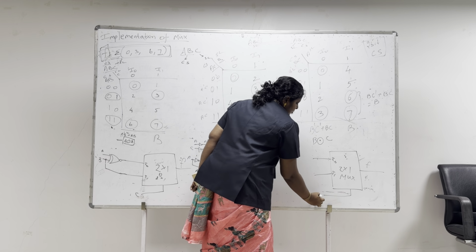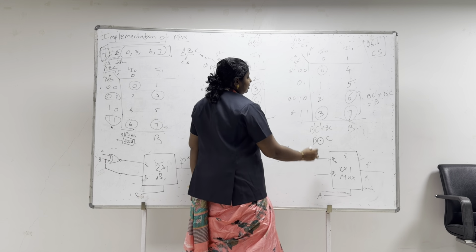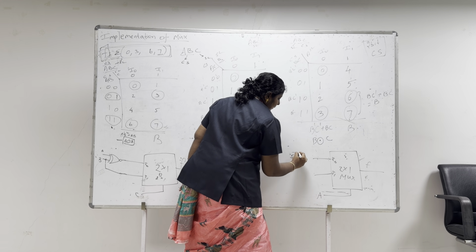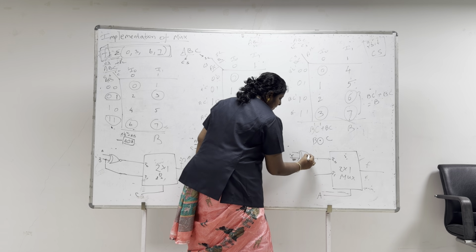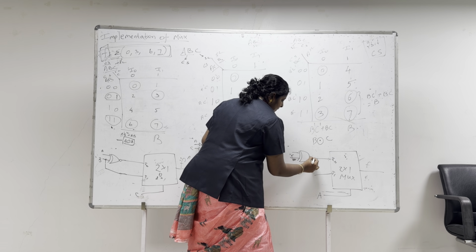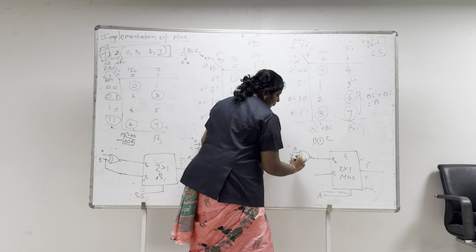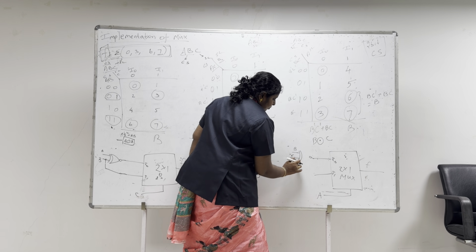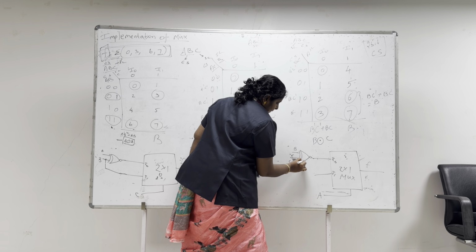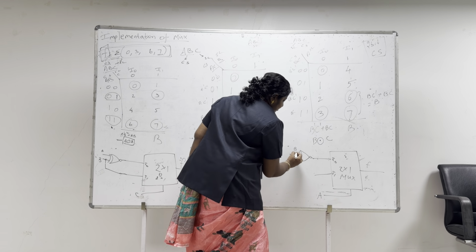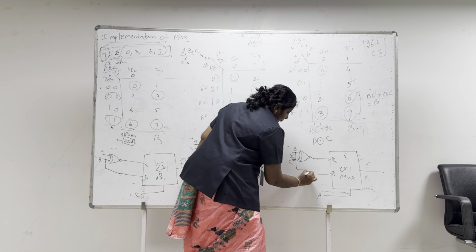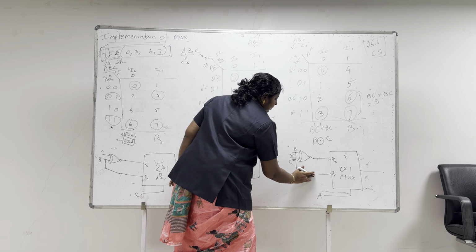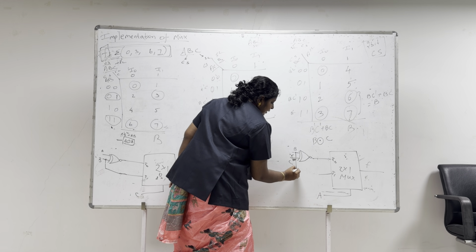A. So I0 is B XNOR C, and the second one is B. So this is my logical diagram.